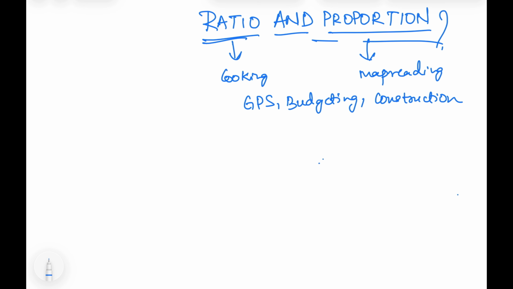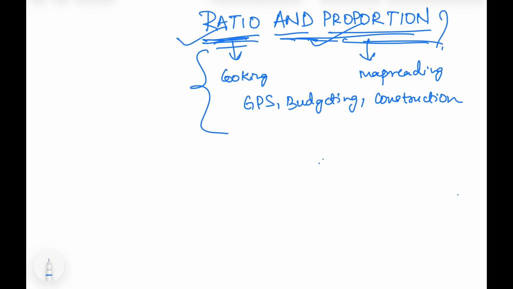So everywhere this ratio and proportion is used. So basically we need it everywhere, right? So this is the real life application of this chapter, ratio and proportion. So that is the reason we study this chapter.